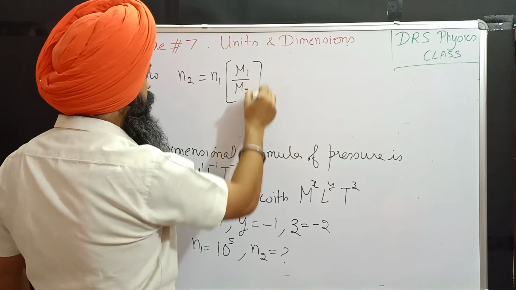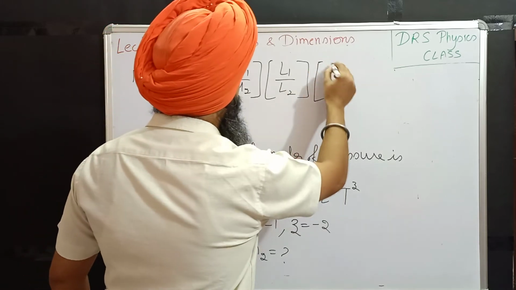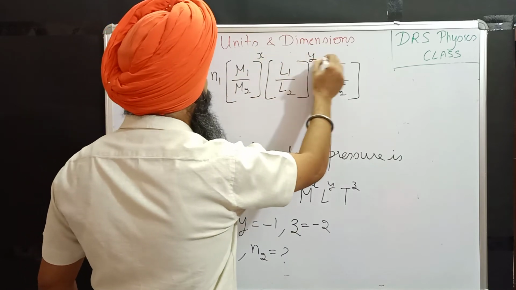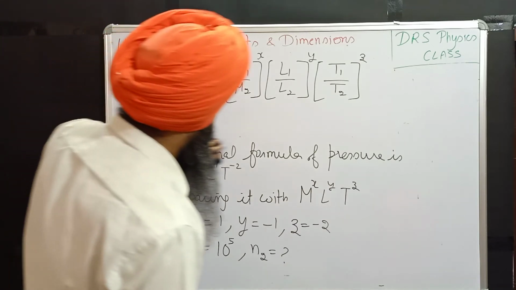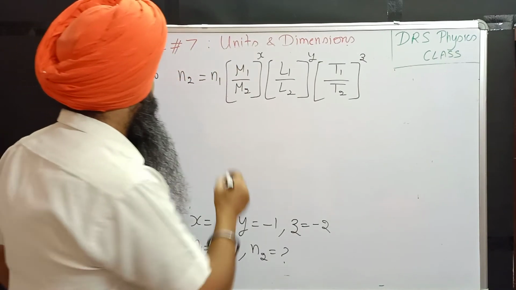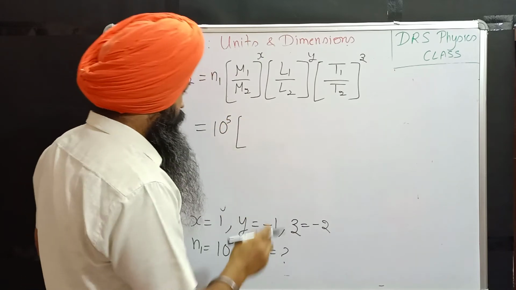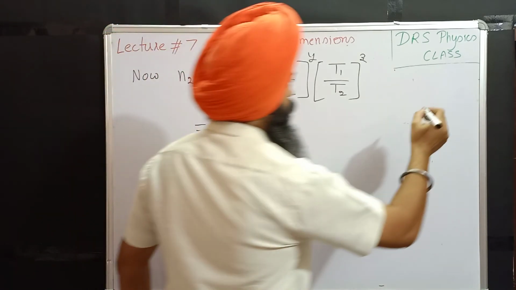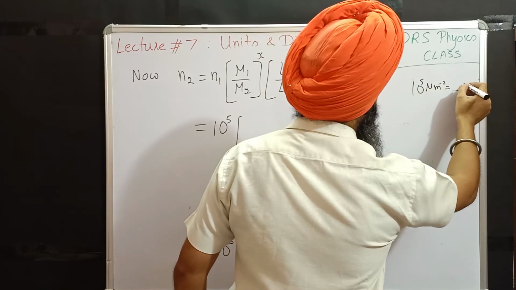[M1/M2]^x [L1/L2]^y [T1/T2]^z. So filling the values we have found here. What is n1 here? 10 power 5. What is M1 here? We are moving from this SI system to CGS system.